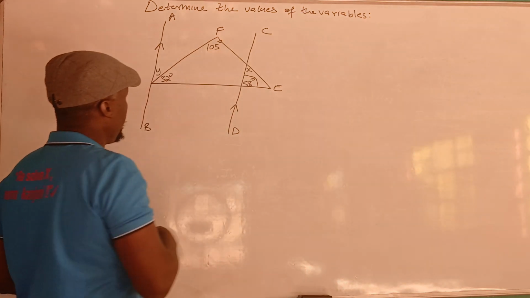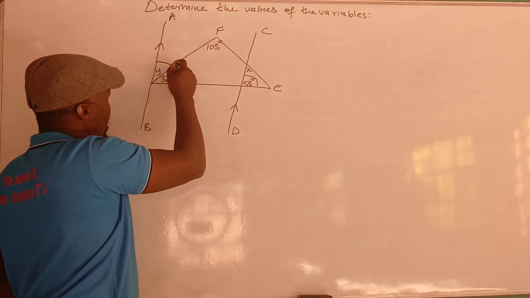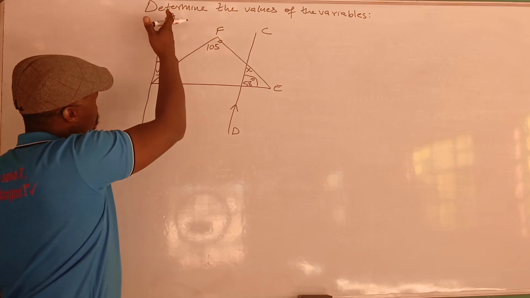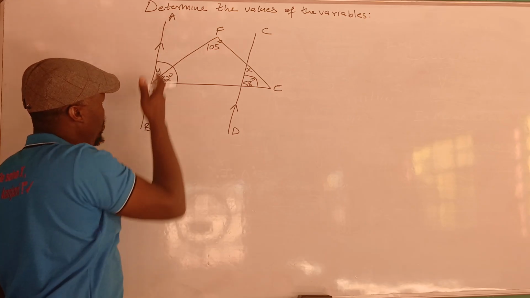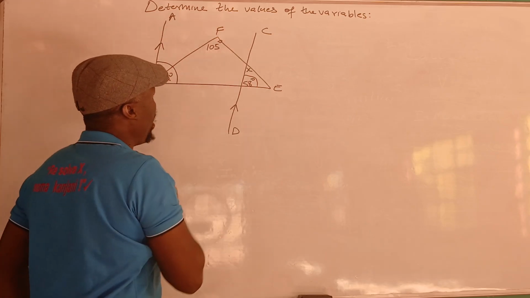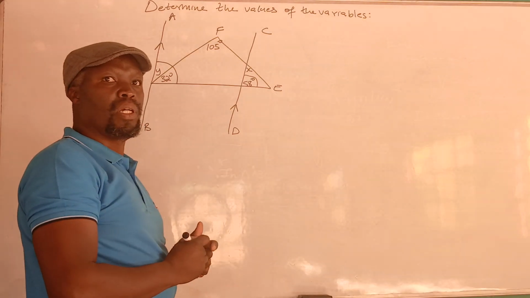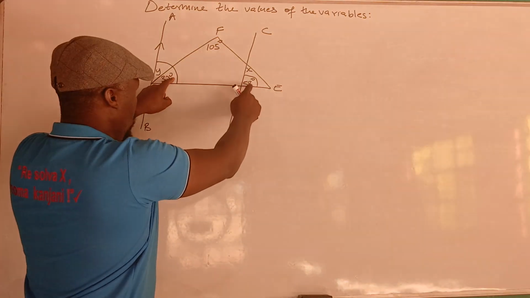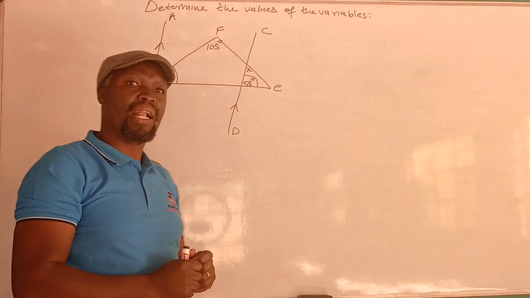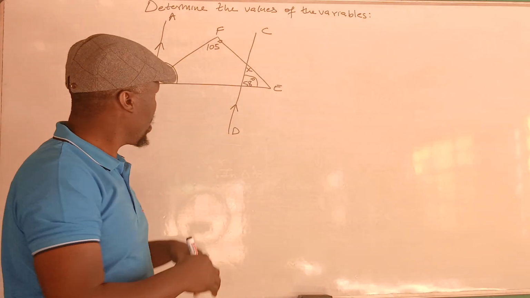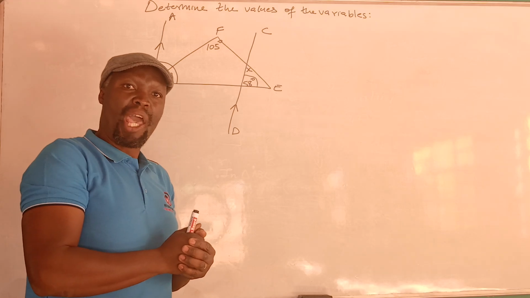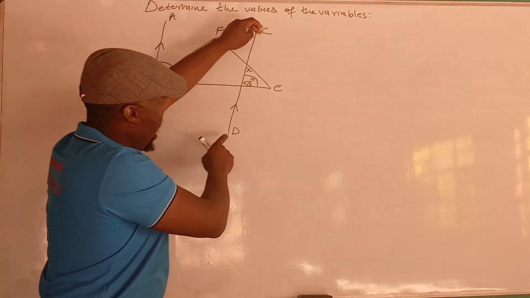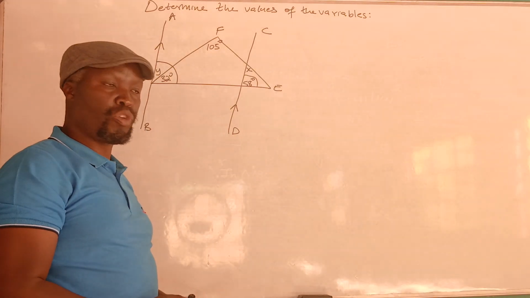Given that this whole angle lies over here and that one lies over there, and AB and CD are parallel, these two angles are equal because they are corresponding angles.